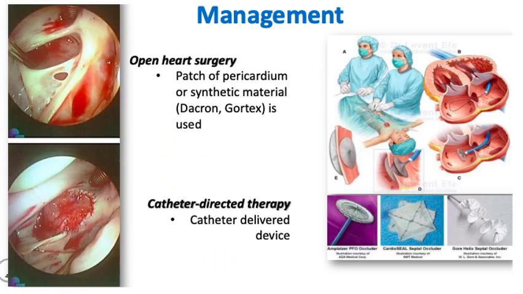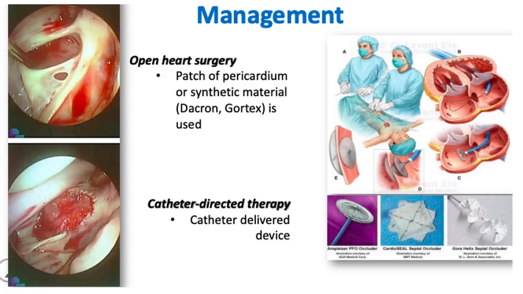As said, the management of all these repairing procedures of the septum and the stenosis can be an open heart surgery or a non-invasive catheter-directed procedure, which is what is mostly followed now.